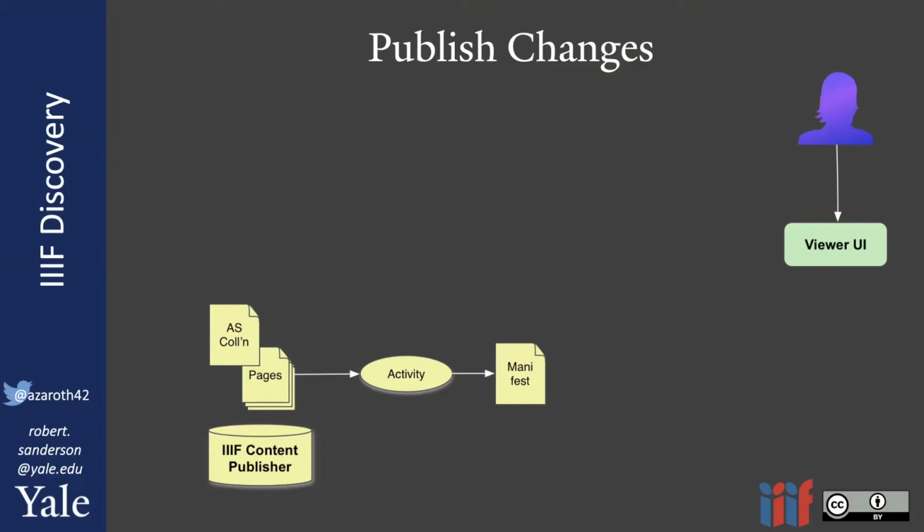Those activities are that a manifest or a collection has been updated, created, or deleted. There are some additional activities such as it was moved or renamed, or it was added to a collection or removed from a collection. But essentially, we have a long list of things that have happened, where those things are activities about IIIF manifests. So what we want to do is connect that manifest to the viewer user interface over there on the right-hand side of the diagram.